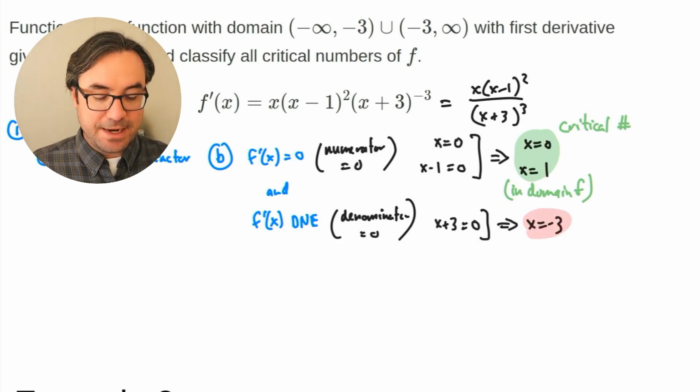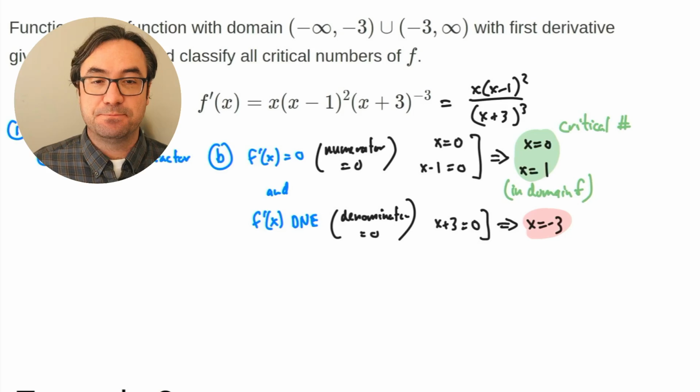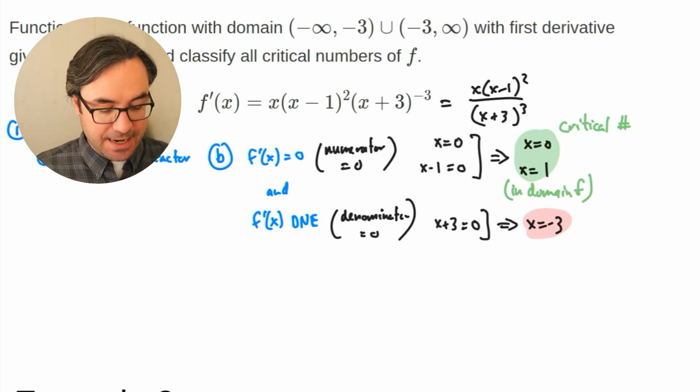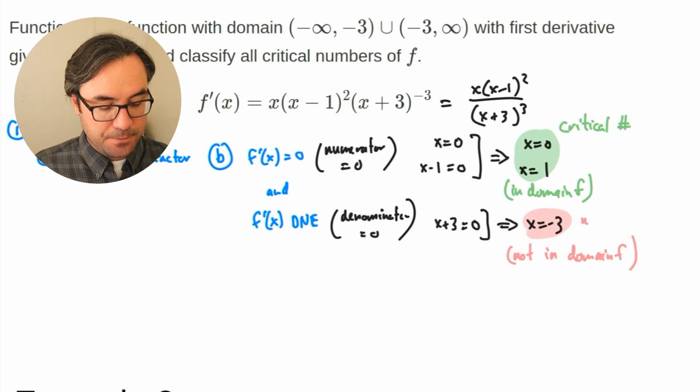Now what about x equals negative 3? Well, that's not in the domain of this function. It's everything except negative 3. We've kind of removed it. So negative 3 is not in the domain, so we say it's not a critical number.